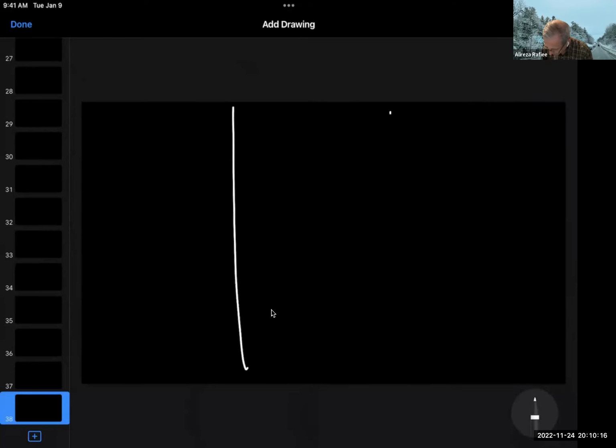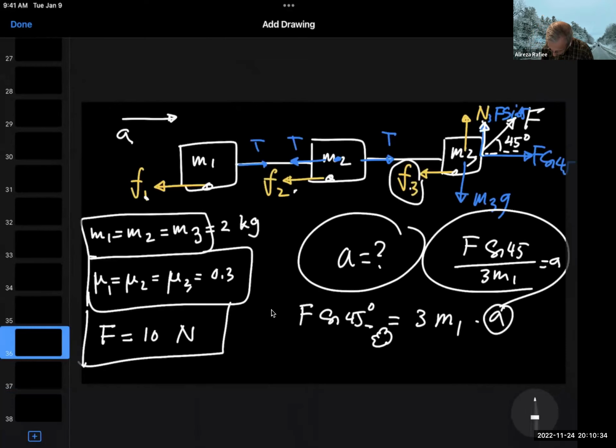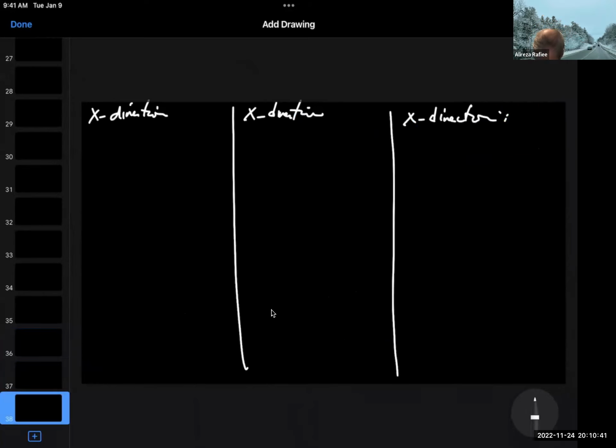In the x direction, for the first one, I have T minus f1.